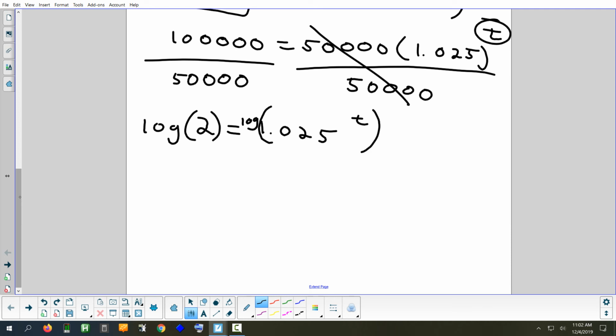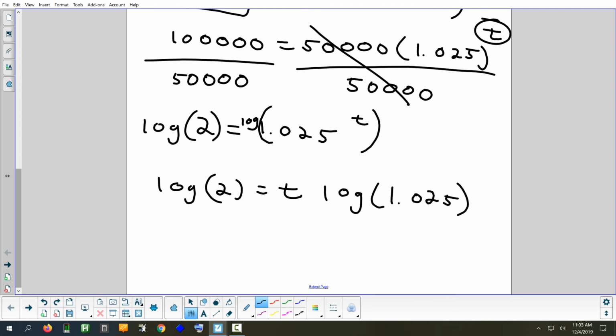That's okay. But now, what we can do is you can take the t and move it in front of the log. So now you can write t times the log of 1.025. So we took the t and we moved it in front.